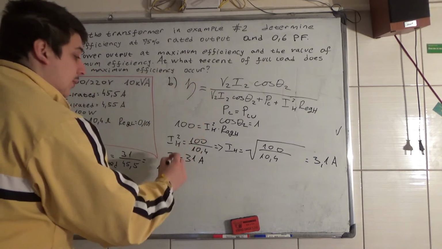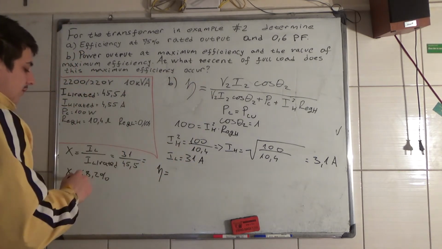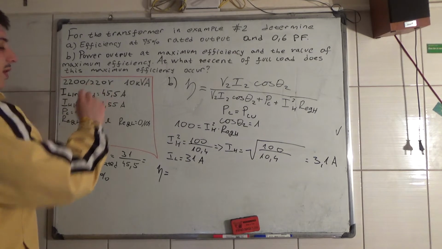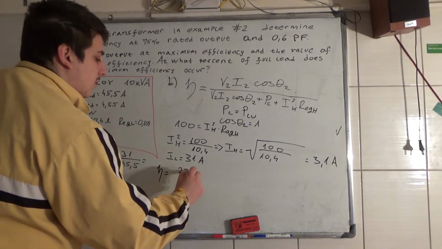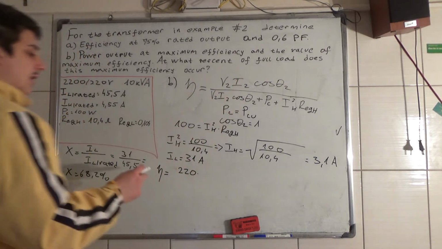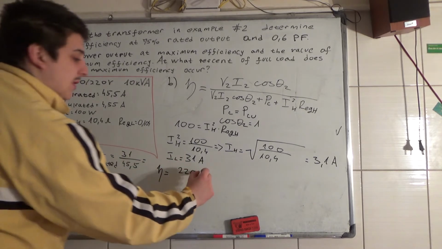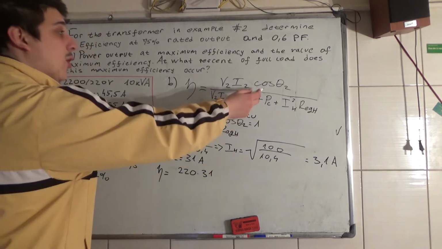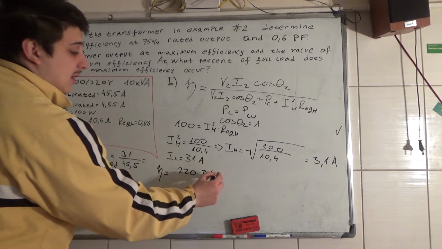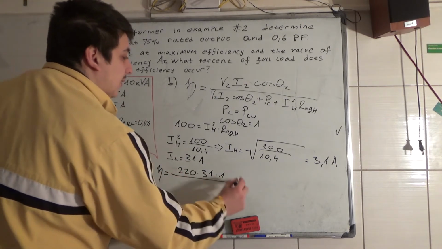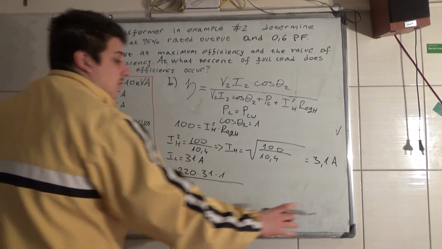Now, we're just going to write it like this. V2 is 220 times I2. Now I'm going to use this 31 amperes. And cosine theta 2 is equal to 1. That is for the maximum efficiency.